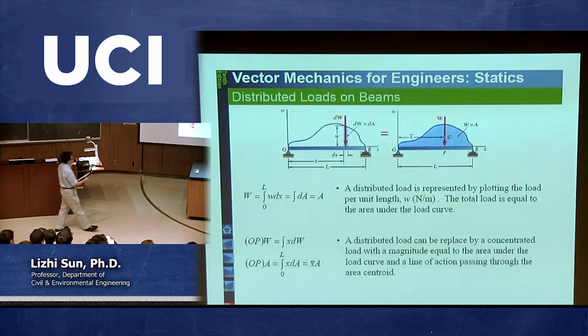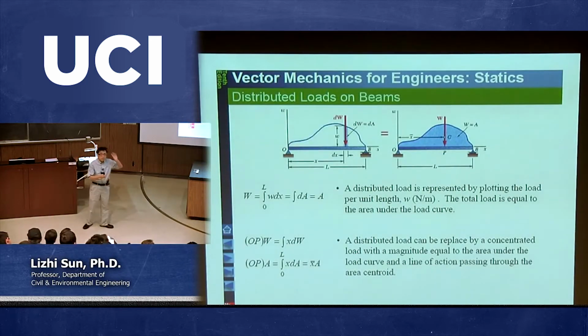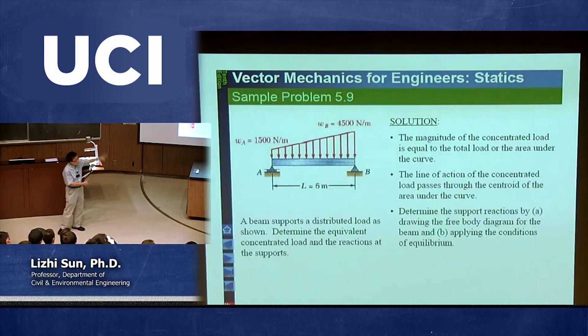But there's a second part of chapter 5, which is to apply such centroid concept to solve some beam problems. So if we have a distributed load like this, and I'm asking you to calculate reactions, of course the first step is to plot the free body diagram, but then you still need to make the equivalence from a distributed load to a concentrated load.